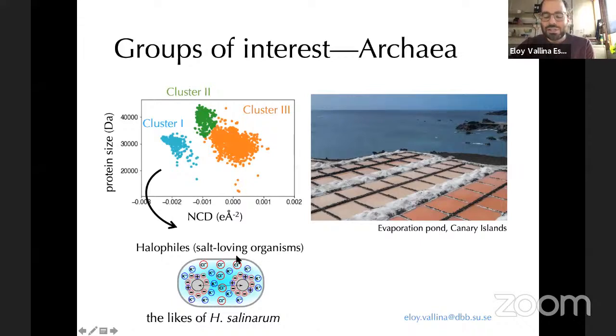And because they share this salting-in strategy, they also share this adaptation to their own cellular environment by accumulating more net charge density on their proteins, and in turn maintaining this mild repulsion between them to ensure solubility and mobility. So this was a first positive result that was quite encouraging.